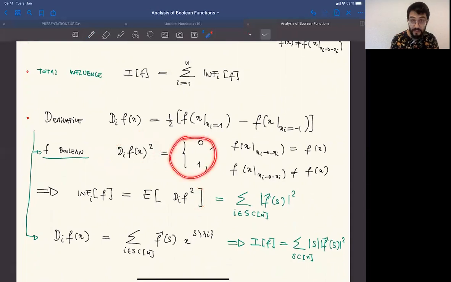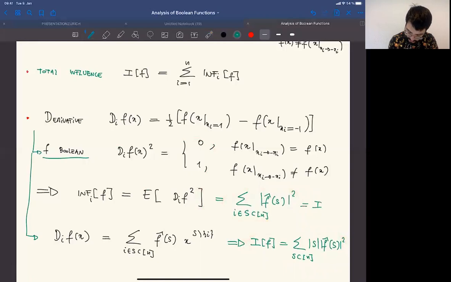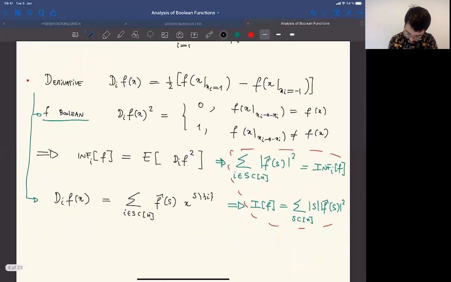You don't know if it has this identity, but in any case, you define it like this so that the influence is this and this. So let me write that remark. This is how you define influence in general.